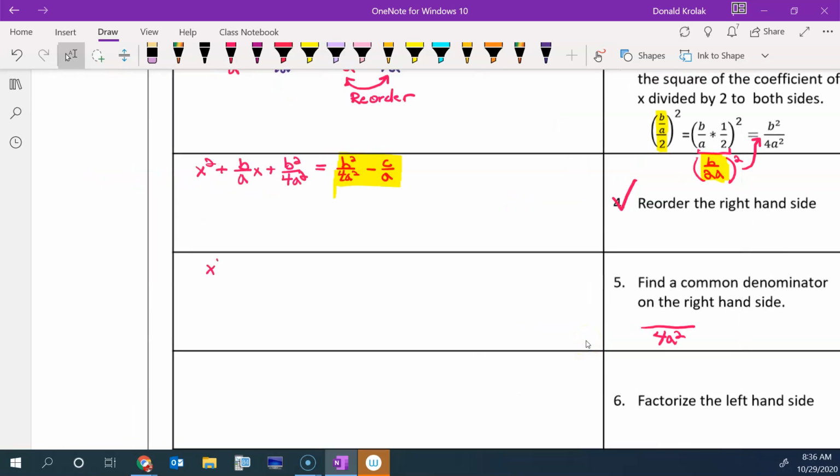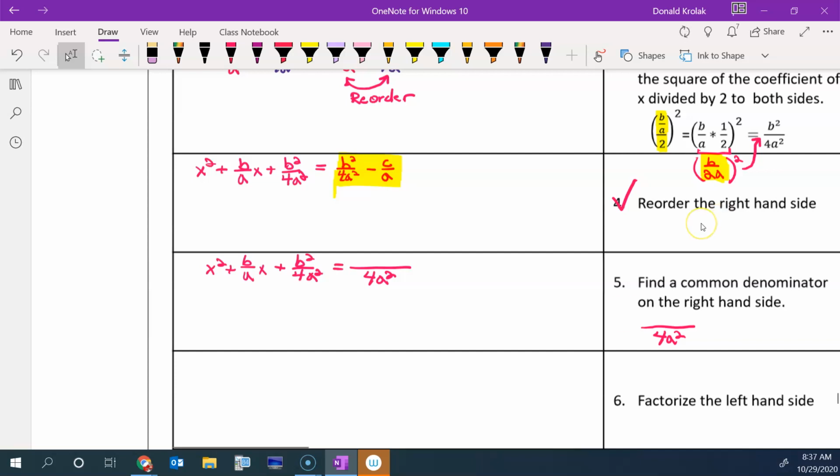Where I'm going to have x plus... Okay, and now my common denominator is 4a squared.